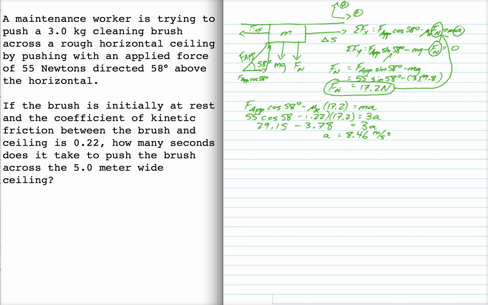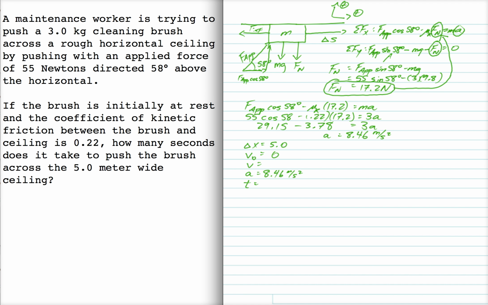Okay, now I can solve this problem by using my motion with constant acceleration. I'm told that we're moving 5.0 meters across the ceiling, starting at rest, and have an acceleration of 8.46 meters per second squared.